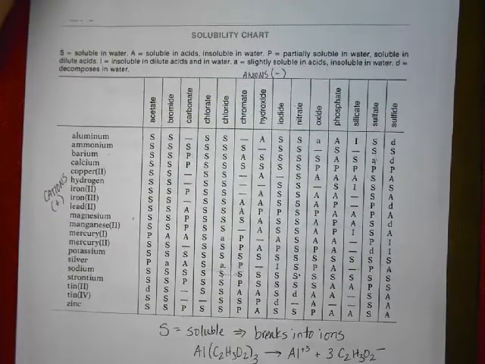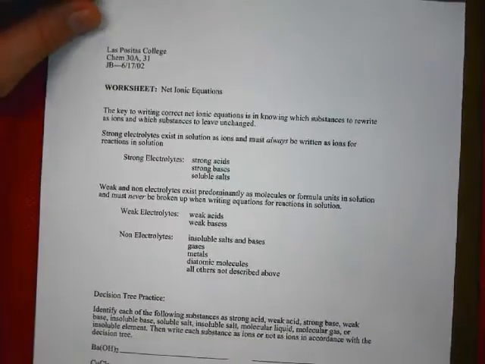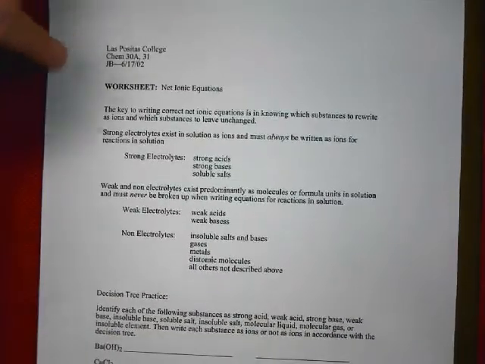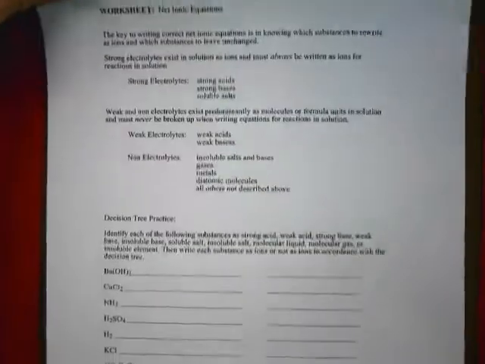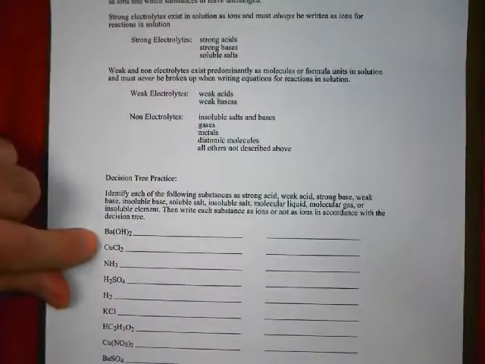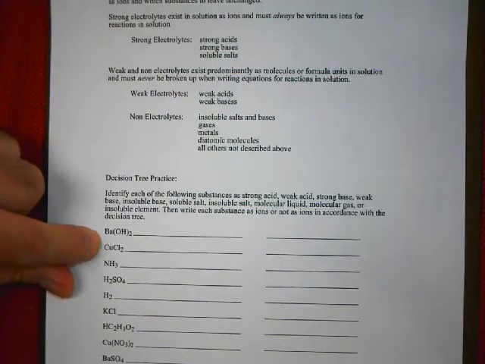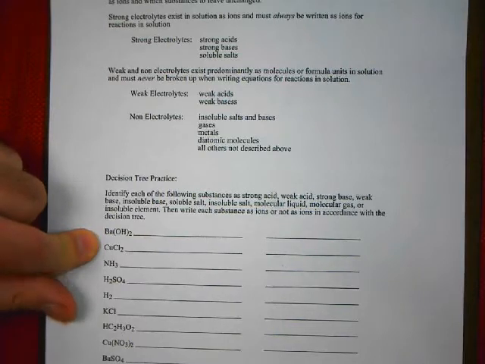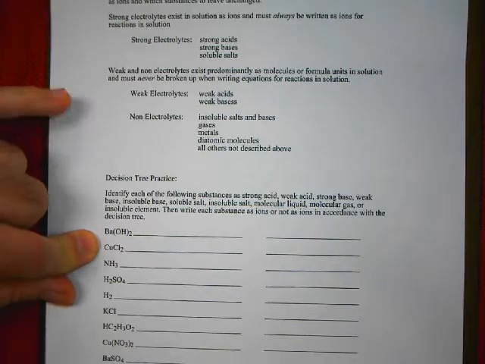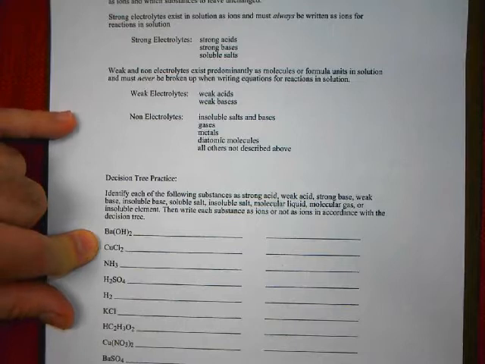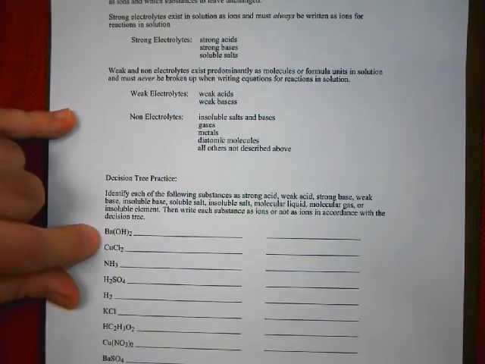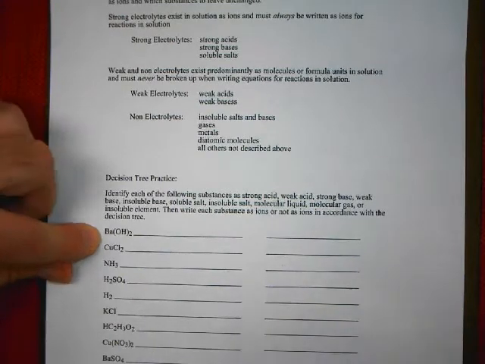So how does this all fit together? So we have this example worksheet, and this goes through and tells you how to break things up into ions, or which substances do not become ions. So if we look down here in our instructions, we're going to start here, and we're going to go over a couple of these, and then you can try the rest and check with your learning facilitator. So barium hydroxide. We go back to our decision tree.